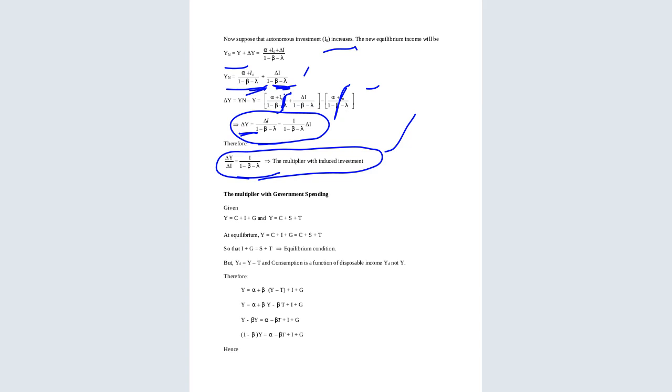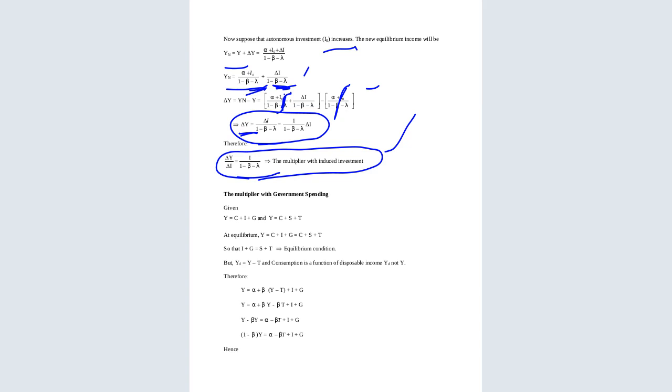So we can move on and also look at the multiplier with government spending. So in our previous discussion, we have not included government spending in computing the multiplier.